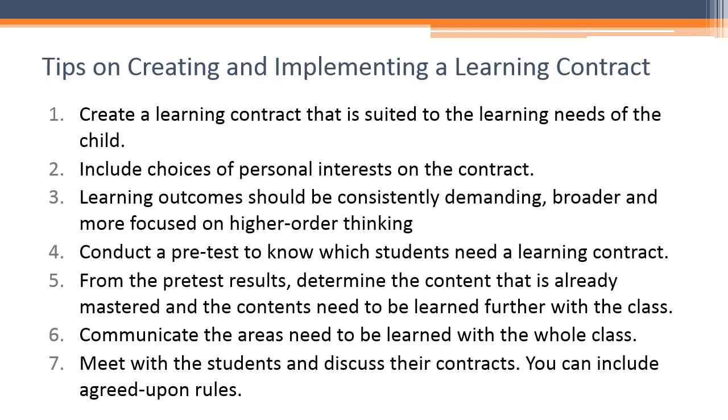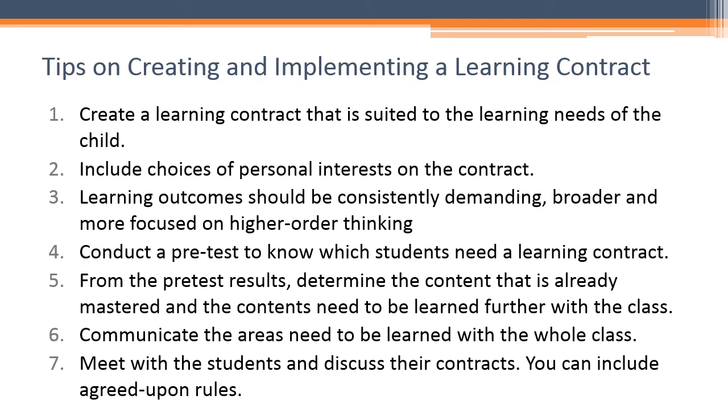Kasi minsan effective din sa mga gifted learners na napapakinggan sila, yung interest nila so that they will be motivated to study and to accept the contract itself. Now, learning outcomes should be consistently demanding, broader, and more focused on higher order thinking. Given that they have this high ability, we need to level up also the content of the contract.